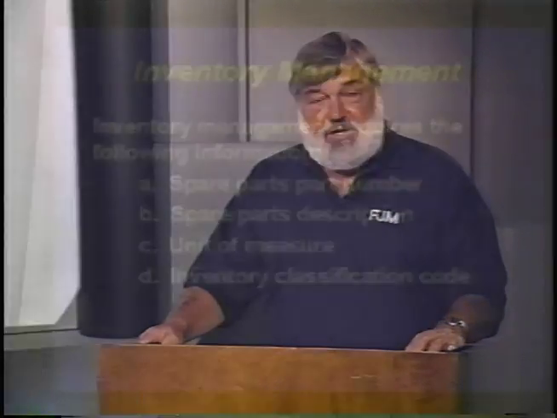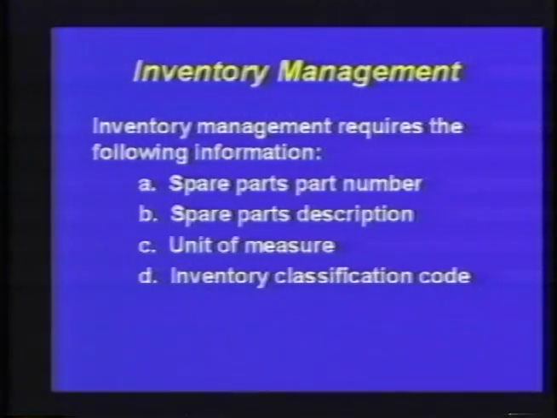Moving to item D, inventory classification code. Now make a note to yourself that the listing for the inventory class code is found on pages 5 and 6. The ABC code starts on page 12, and that is to identify all spare parts in terms of their annual usage value.